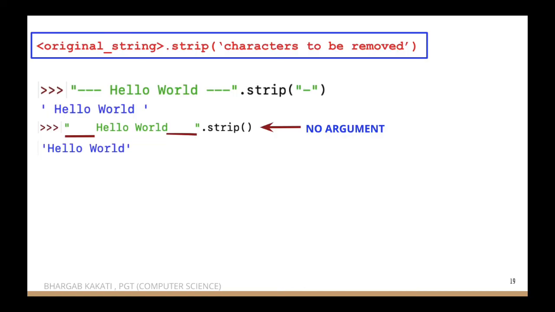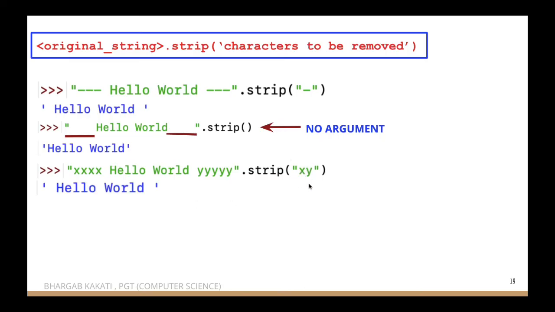So I'll get the result as hello world only. If I give xxxx hello world yy dot strip xy, wherever it finds the character either x or y, it will remove from both the ends. So from both the ends x and y are removed, so we are getting the result as hello world.